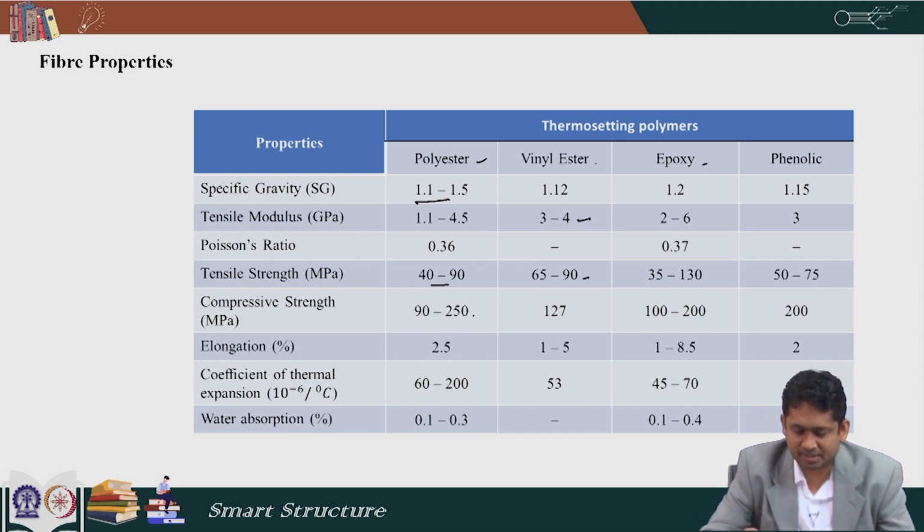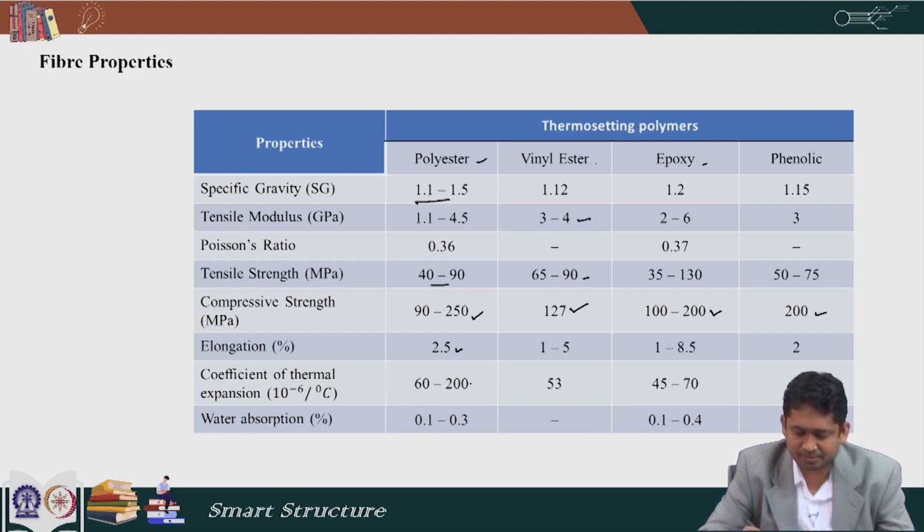Compressive strength in megapascal is 90 to 250 for polyester, 127 for vinyl ester, 100 to 200 for epoxy, 200 for phenolic. Elongation is 2.5% maximum for polyester, vinyl ester 1 to 5%, epoxy around 1 to 8.5%, phenolic 2%.